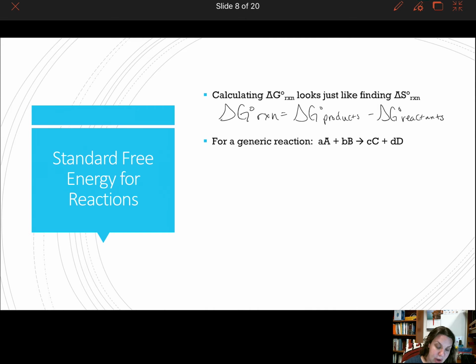So if we have the following reaction, it's going to be the same exact thing as for delta S, where we're going to do our stoichiometric coefficient times our delta G of the substance, right?